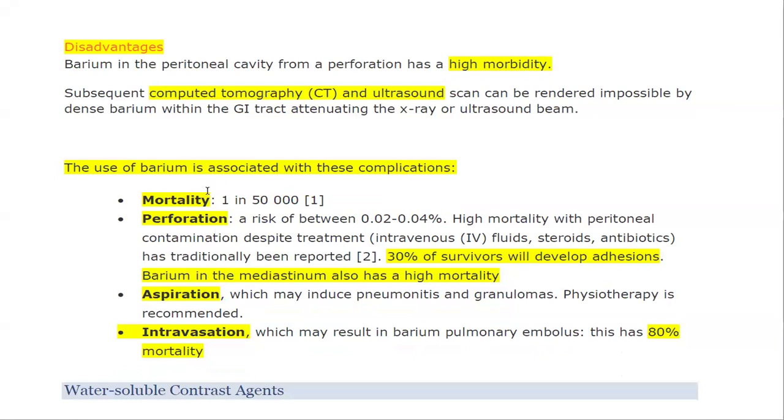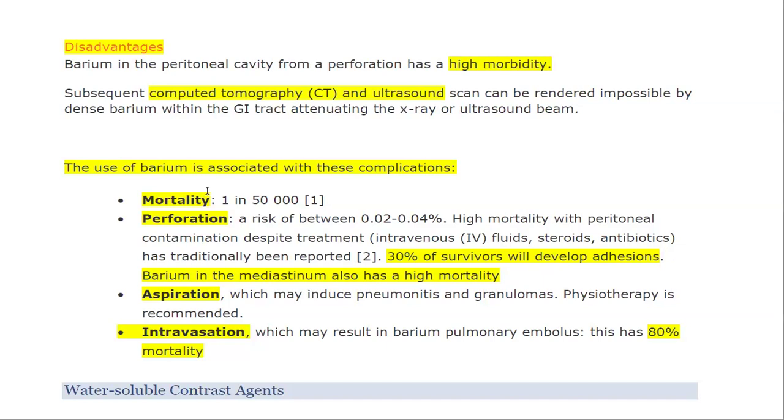Also, one of the important issues regarding this, and this is a quite common question, is the complications that come with barium use. So you have mortality, this is very rare, I know, but it can happen. Perforation also, if the patient is having obstruction or something that is not quite clear before you use barium, this will complicate the situation.